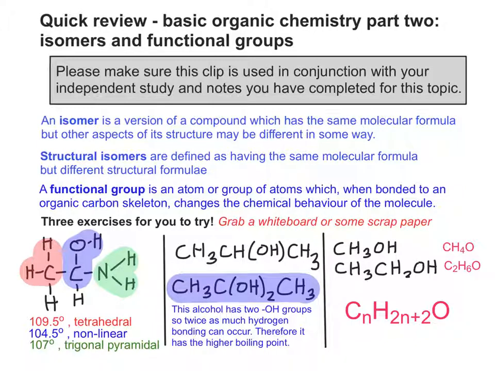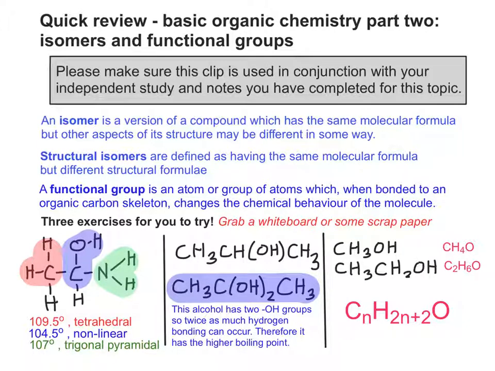In the case of ethanol, beg your pardon, the second one, C2H6O. So this one would be n is 2. There are 6 hydrogens, so that's 2n+2, and 1 oxygen, so CnH2n+2O again.